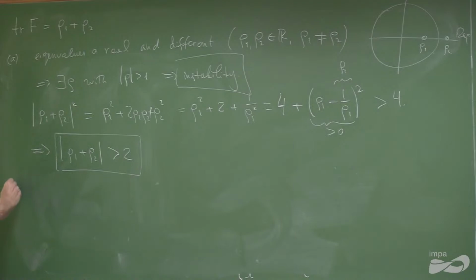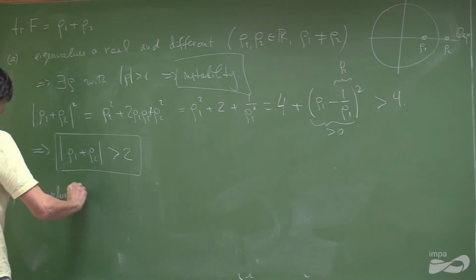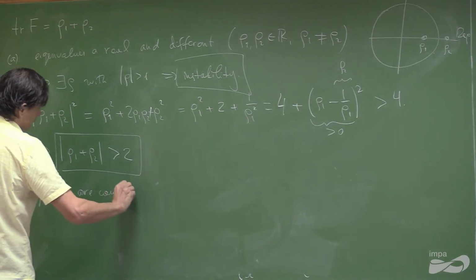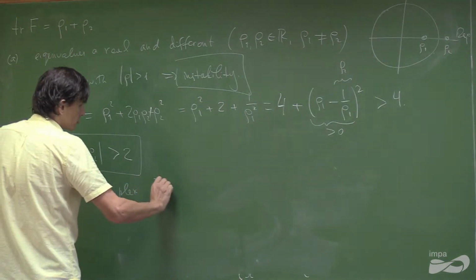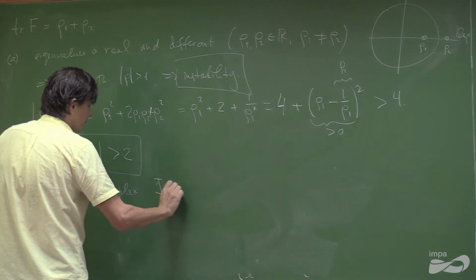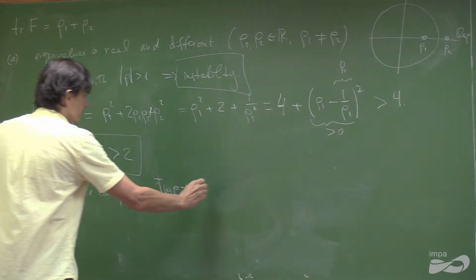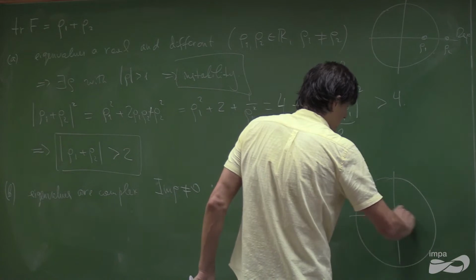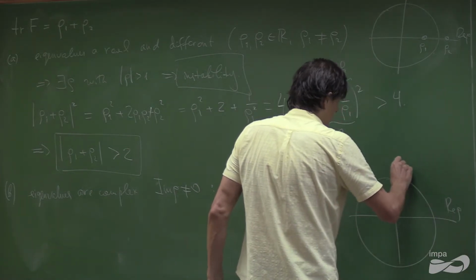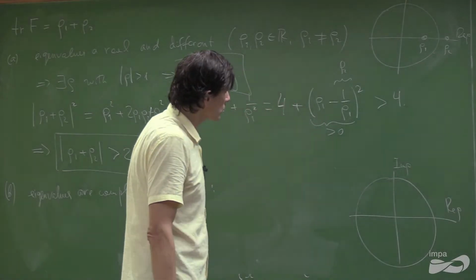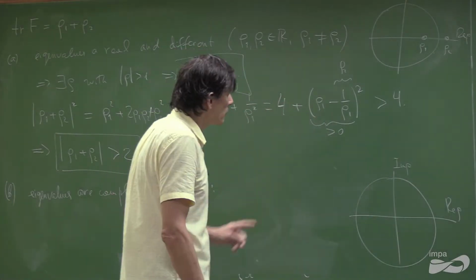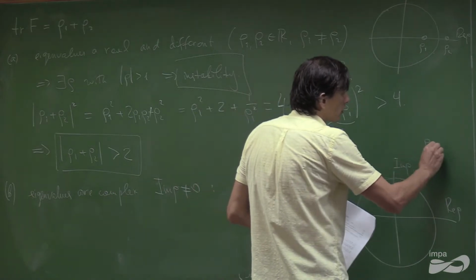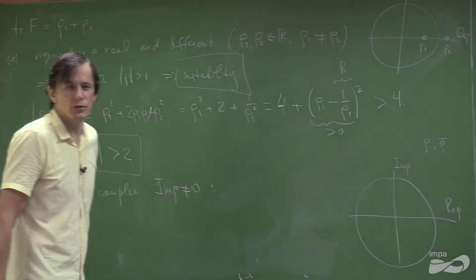So case B is when eigenvalues are complex. So the imaginary part is not 0. Remember, when they're complex, one of them is rho, another is complex conjugated.